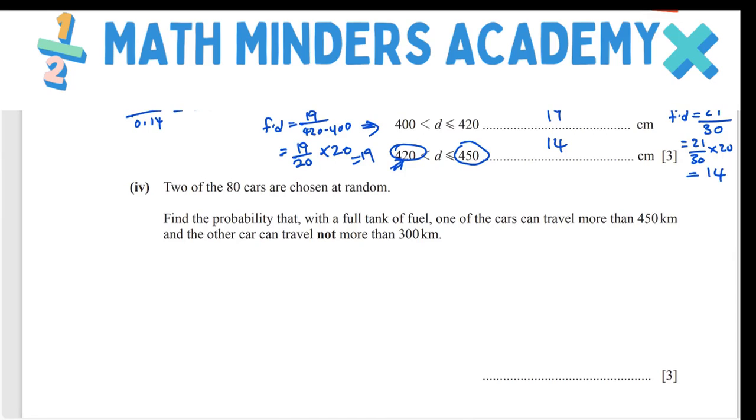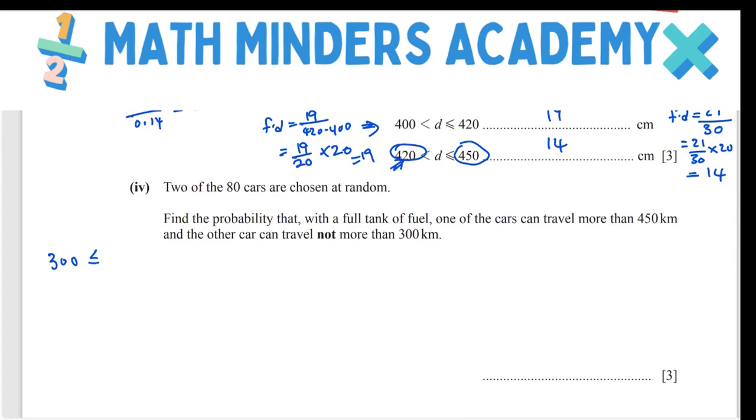Find the probability that with a full tank of fuel, one of the cars can travel more than 450 kilometers, and the other car can travel not more than 300. Here, the car can travel not more than 300. That means we are looking at 300 or less.